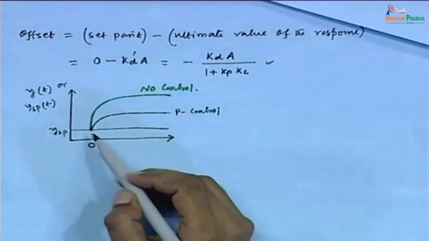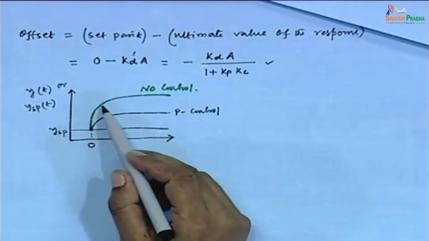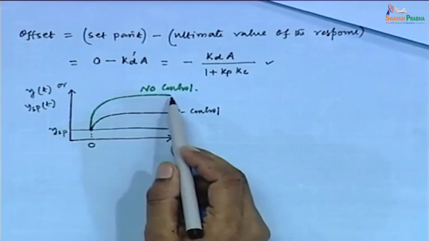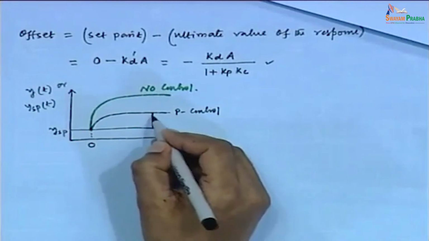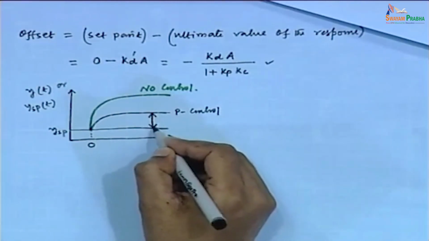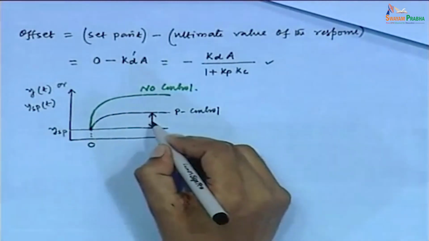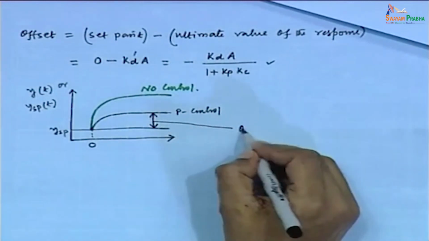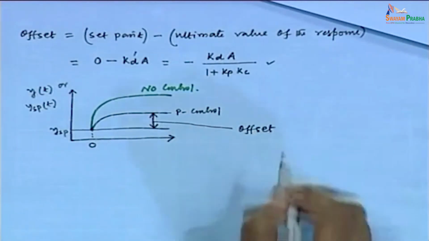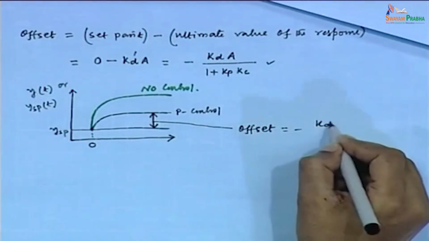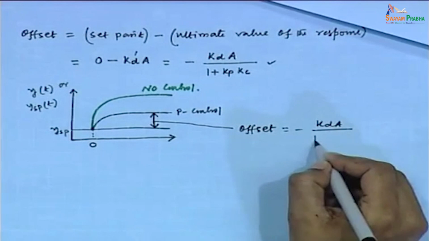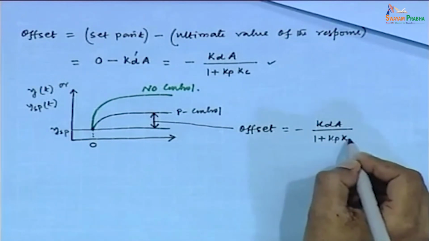And if there is no controller, then the process responds like this. Now, this is the steady state error, that means this is the offset, which is equal to minus k d A divided by 1 plus k p k c.